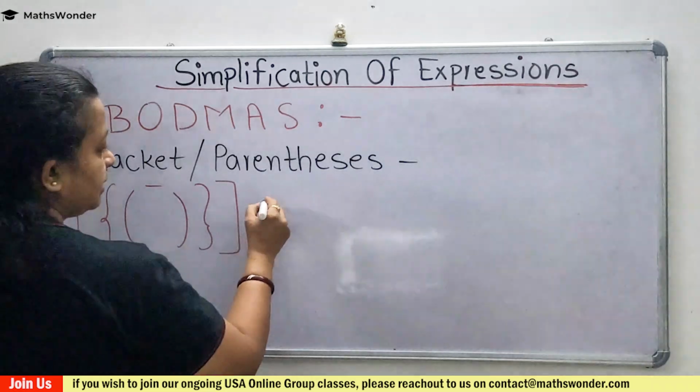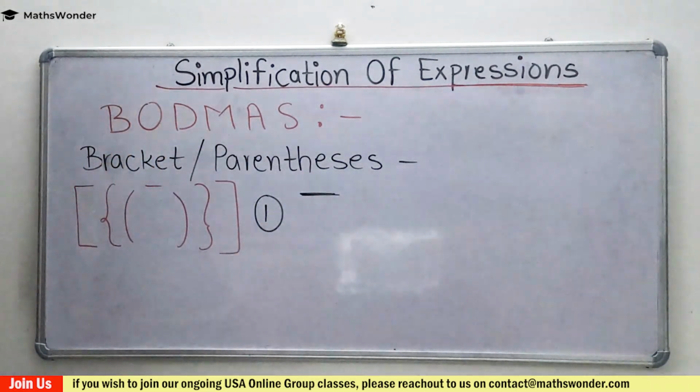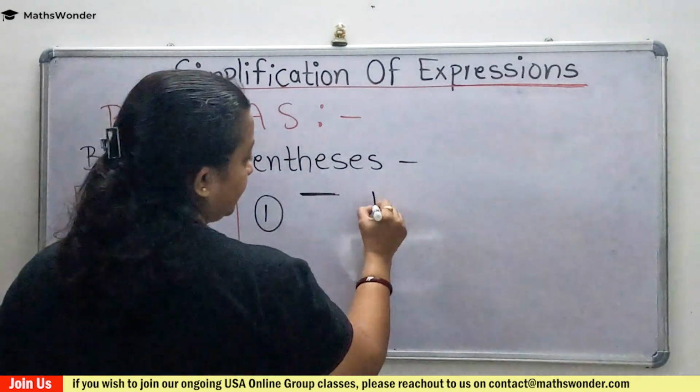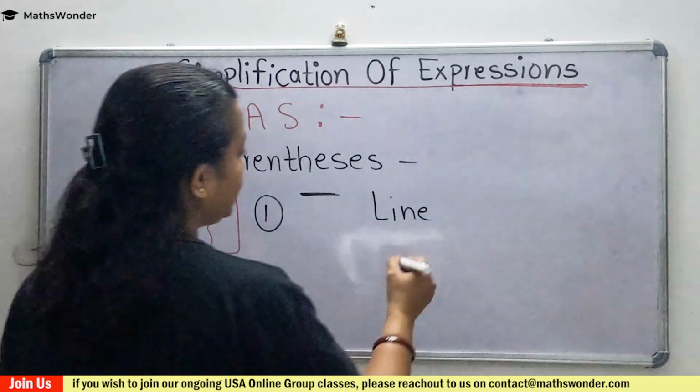In this, first you will solve this parenthesis. What do you call it? This is the horizontal line, we call it a line parenthesis.